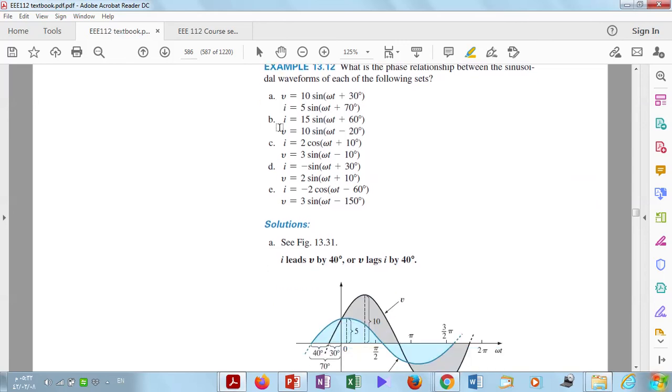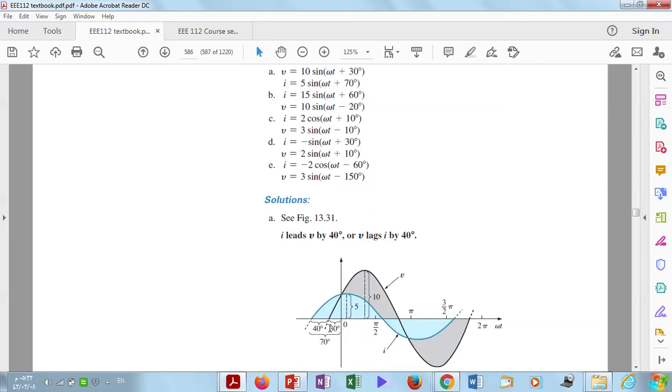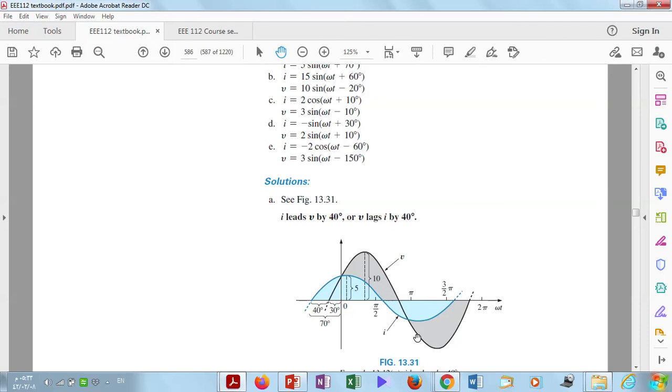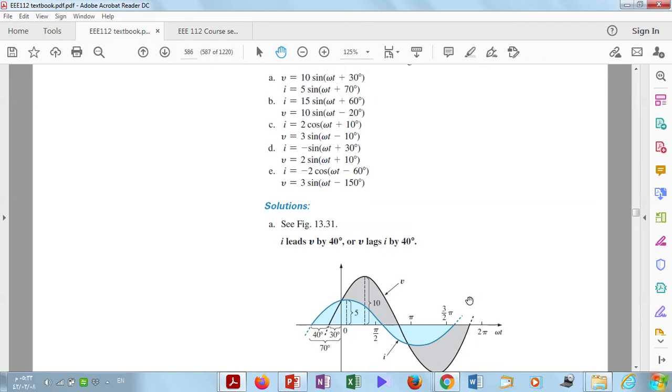Here the first one, voltage, the peak 10 sine omega t plus 30. Plus 30 means the waveform for the voltage starts from minus 30. See here, it started from minus 30. And what about the current?